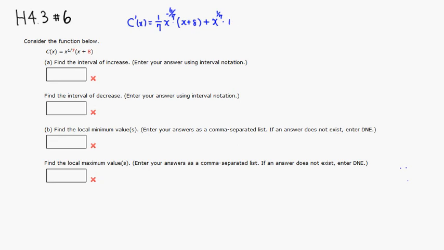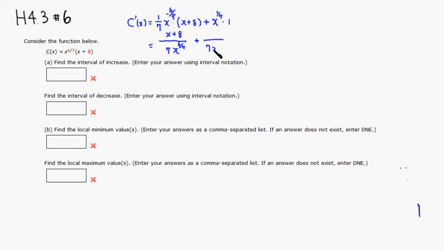Alright, let's rewrite this. 7 is sitting on the bottom, and x to the 6/7 is sitting on the bottom, since it's a negative power. Then we have x plus 8. If we take the common denominator, I'm going to multiply top and bottom by 7x to the 6/7 power.